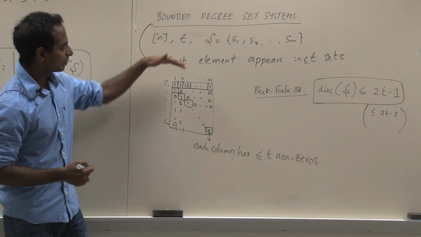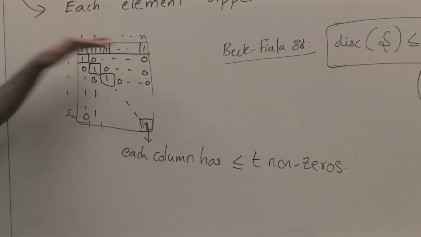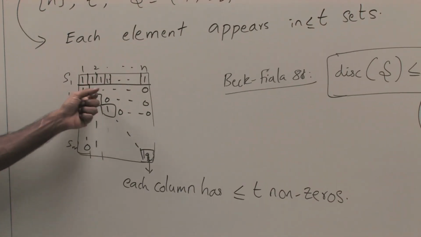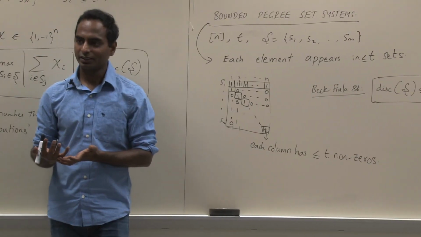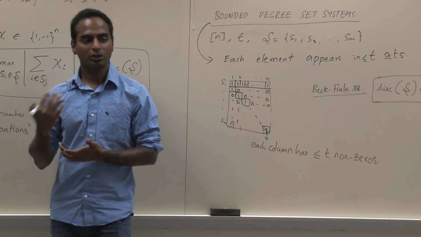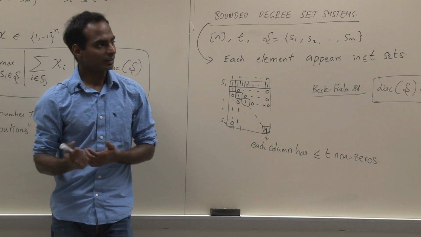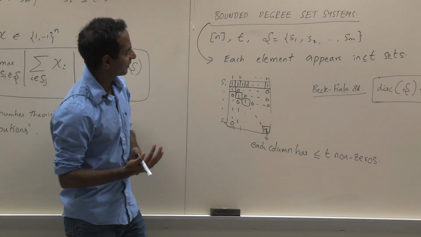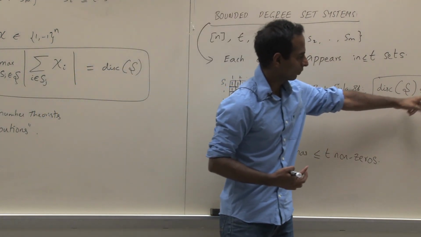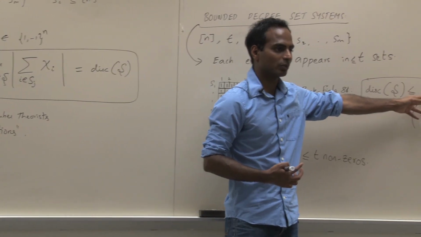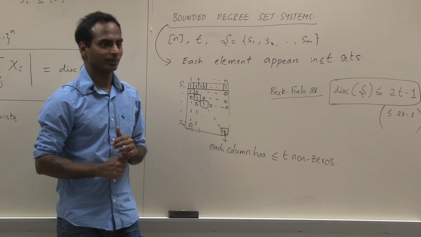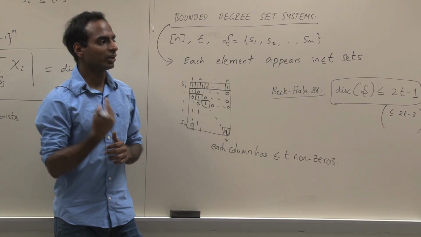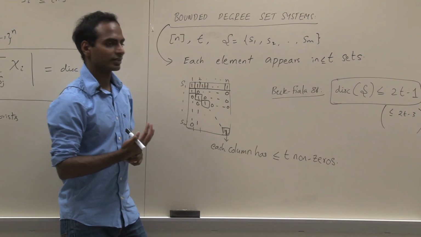So if your set system looked like this, the first set was everything, and everything else was a singleton, then if you apply random coloring, you get a discrepancy of theta of square root of n. Whereas Beck-Fiala theorem says that the discrepancy should be at most 1, right, because t is 2. So you need to somehow introduce a lot of cancellations.